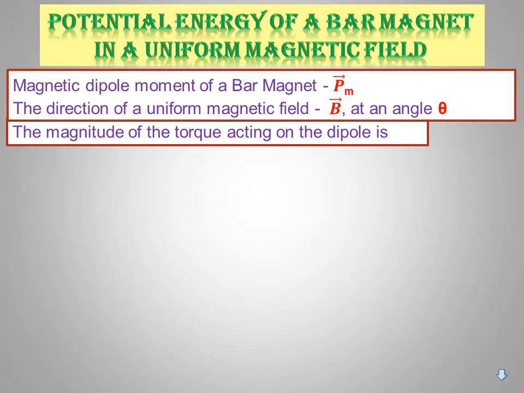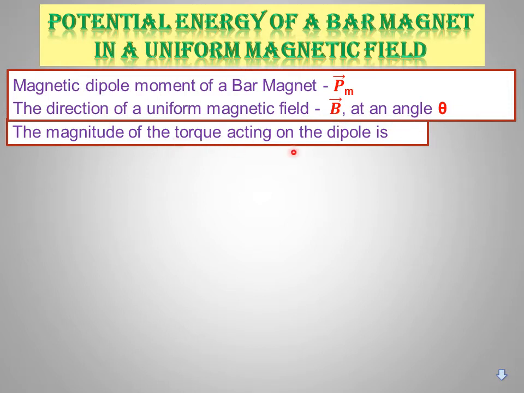Now, potential energy of a bar magnet in a uniform magnetic field, which is also the same as what we saw earlier. The magnetic dipole moment of a bar magnet is Pm vector. The direction of the uniform magnetic field is B vector, at an angle theta.